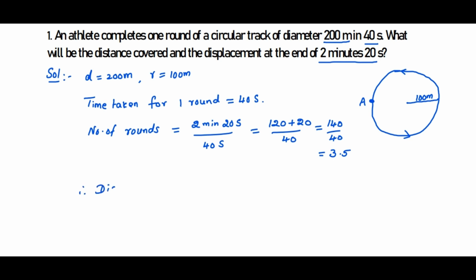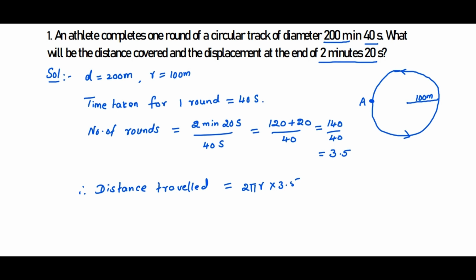Therefore distance travelled is equal to, for one complete circular path, the distance travelled is 2 pi r. Now here 3.5 rounds. Therefore 2 pi r into 3.5.